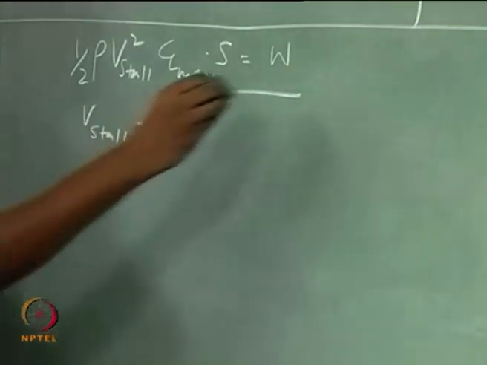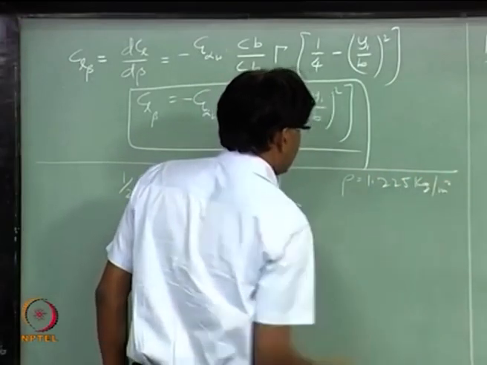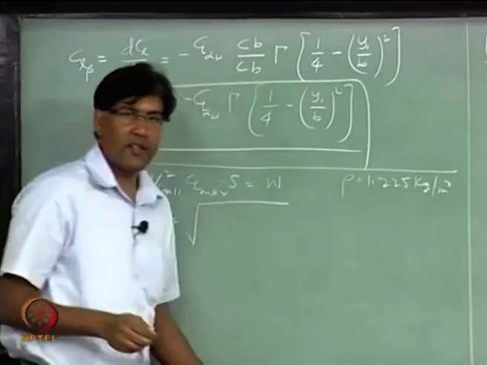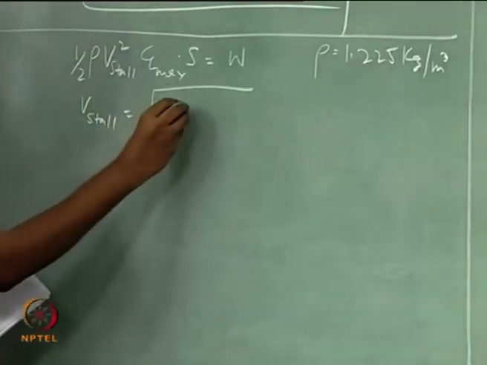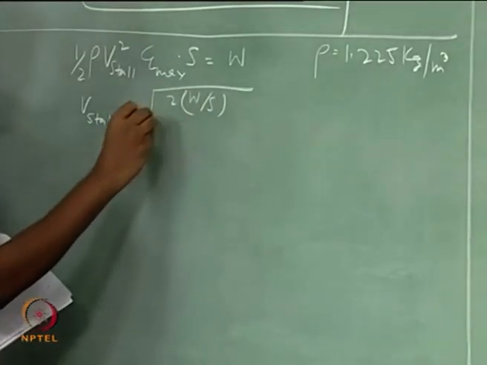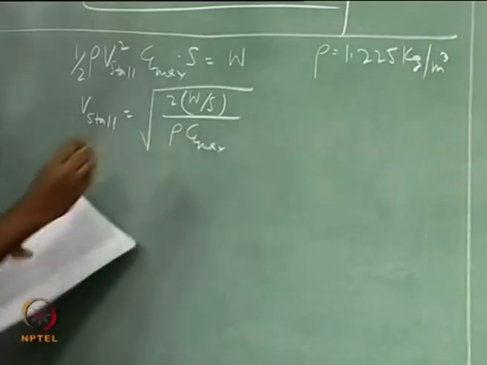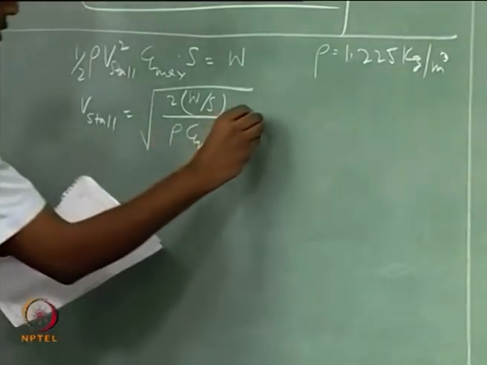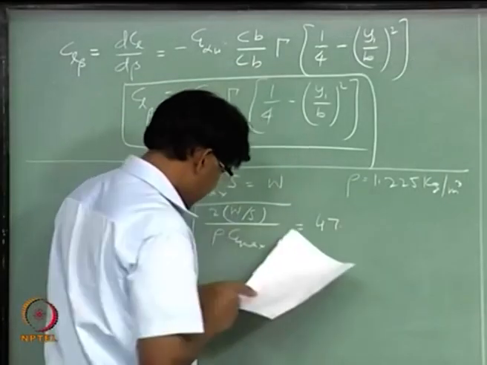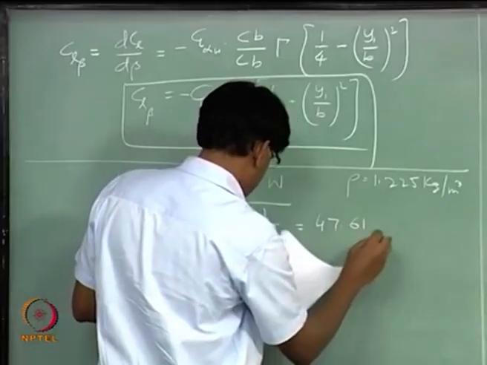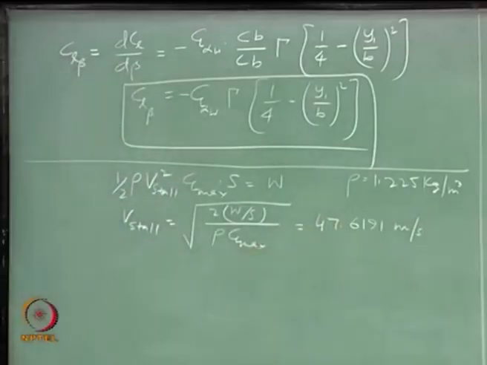So, rho can be taken as 1.225 kg per meter cube. If you use the data, you will find that V stall is 47.6 meter per second.